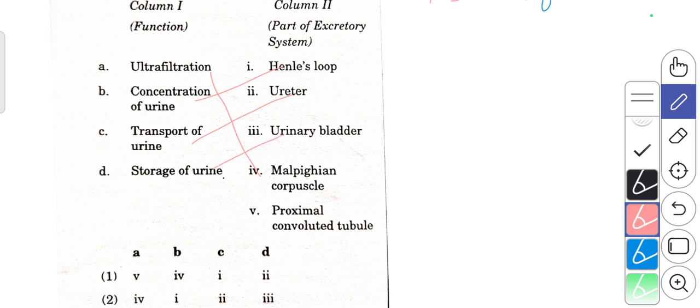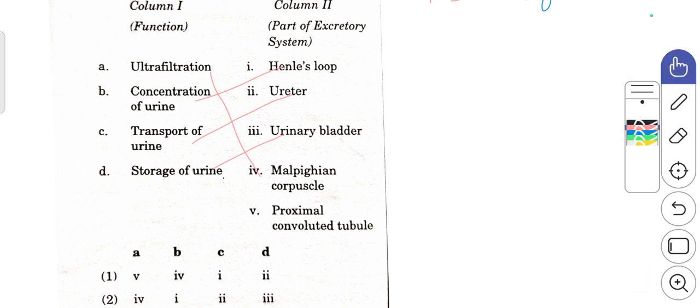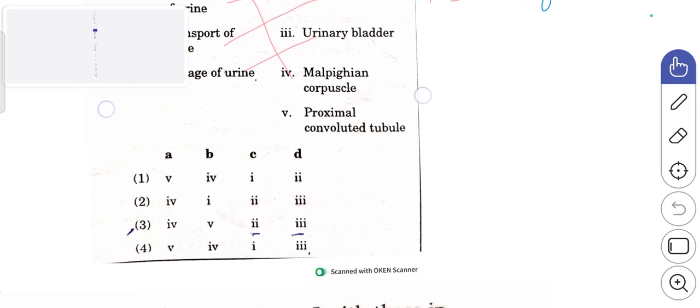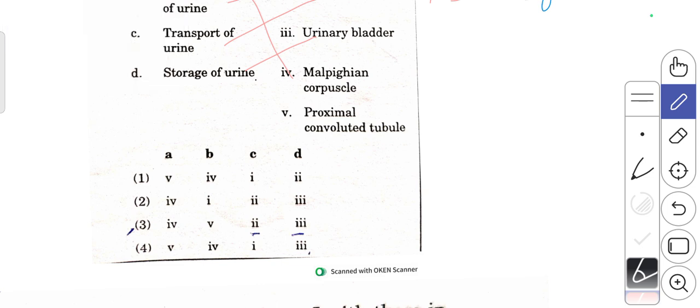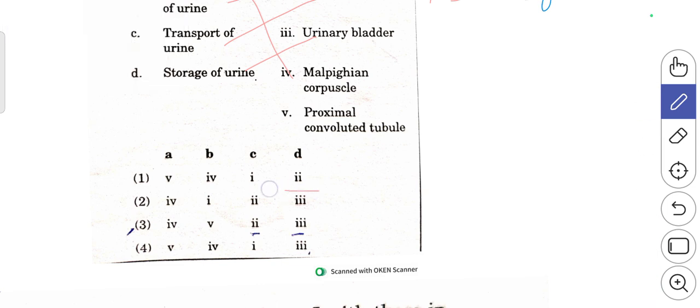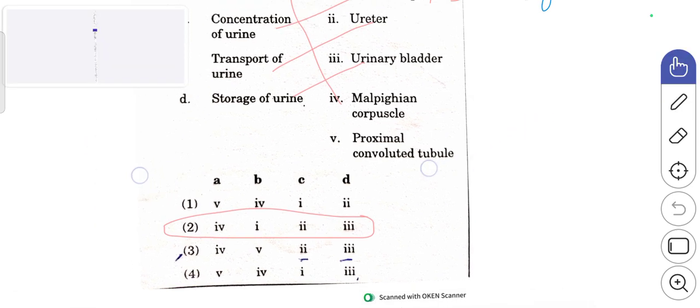When you say my bladder is full, that is because of the storage of urine. So for this one, the correct answer will be the second one, the storage of urine, transport of urine by ureter. Yes, so this one will be the right answer for this question.